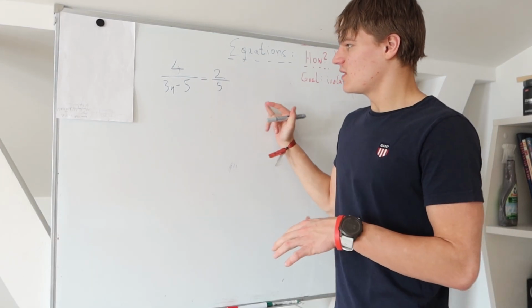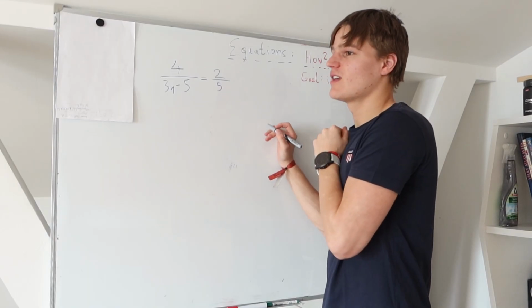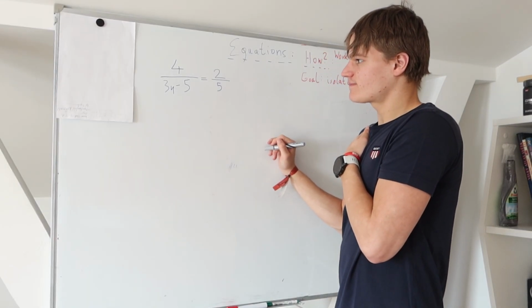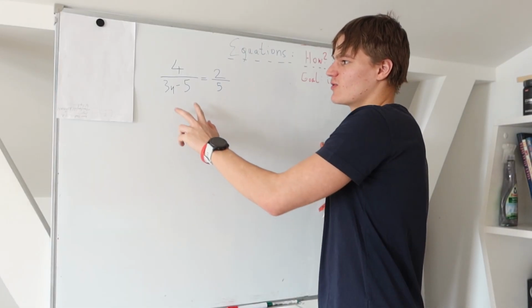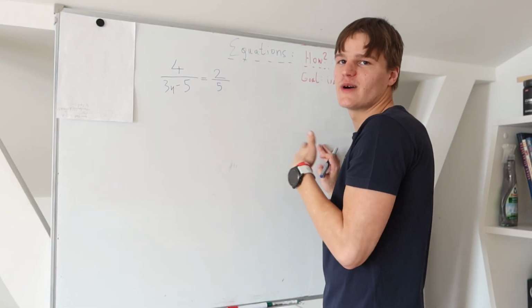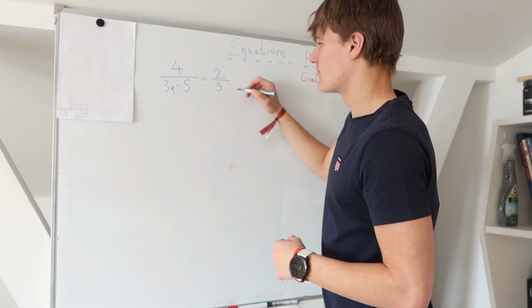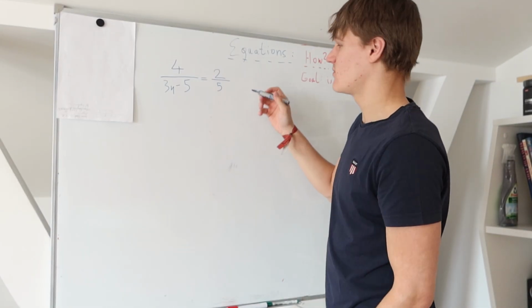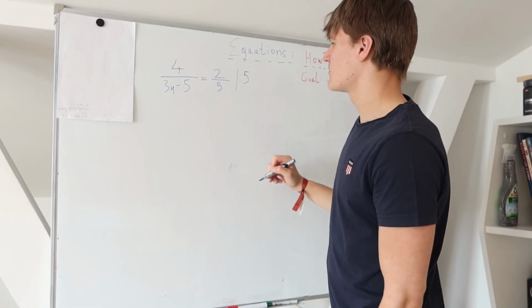When doing this, I could just, no, you can't flip it. So, when solving these types of equations, you always have to get rid of this divided by. You don't want to have that there. So we just say times 5, right? Because 2 over 5, we just get rid of that by going times 5. Good.